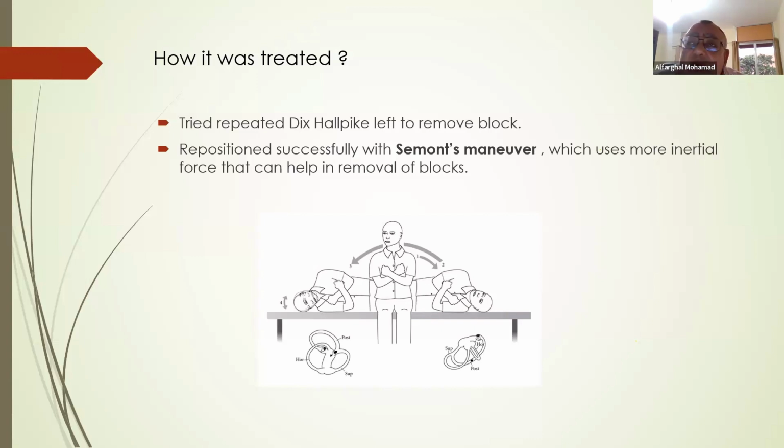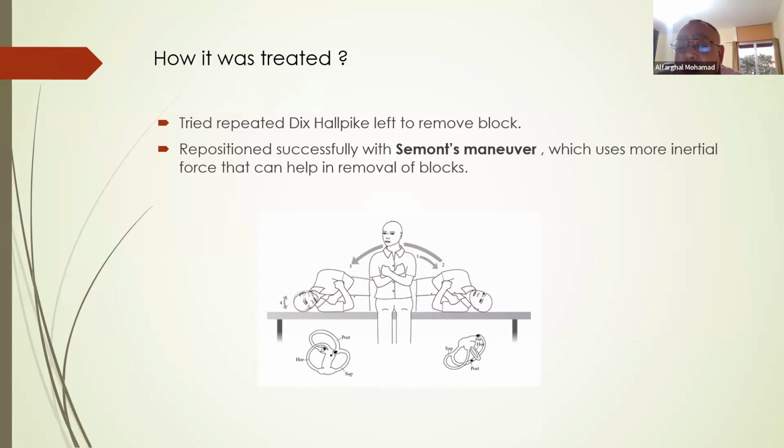So sometimes every maneuver does not work, and using an alternative maneuver is sometimes very wise. That's why it's good to know multiple maneuvers, because for some reason one does not work, so the other can work.